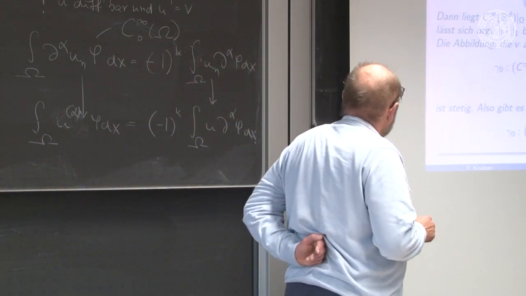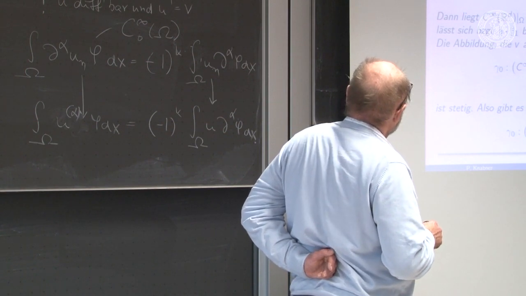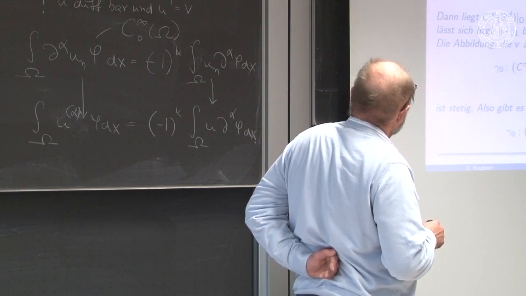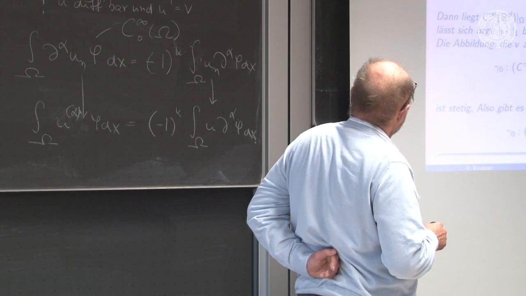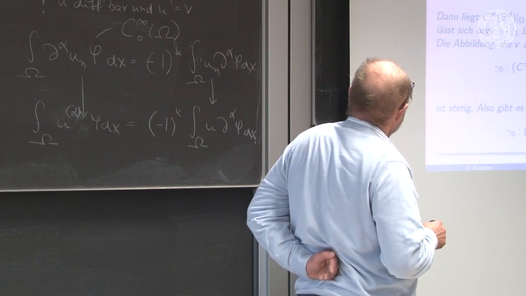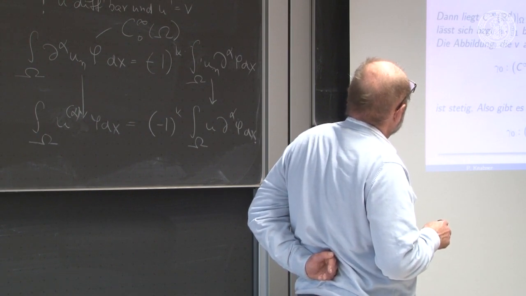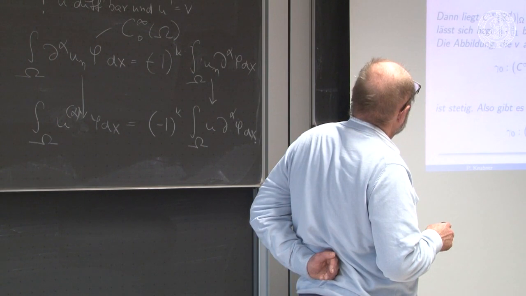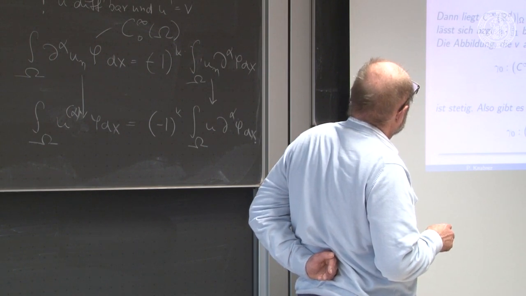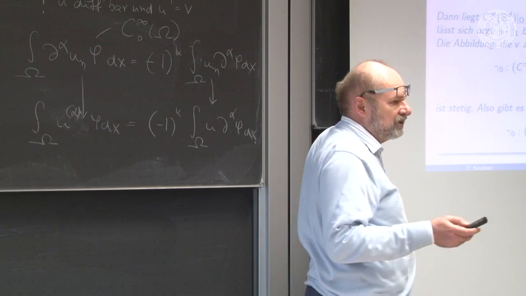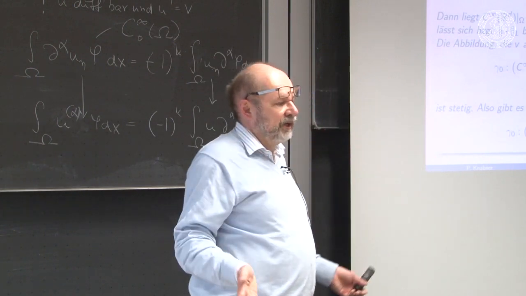This is a pretty smooth space. So this is now our standard situation, a bounded Lipschitz domain, and we consider those functions on this bounded domain which can be prolongated. V can be prolongated to a function V tilde, and this function V tilde is a C infinity function on the whole space.